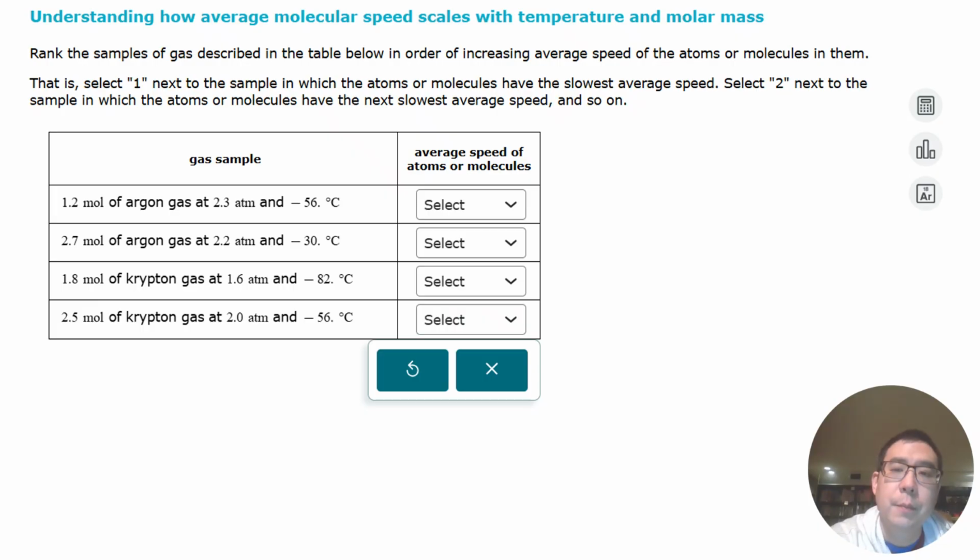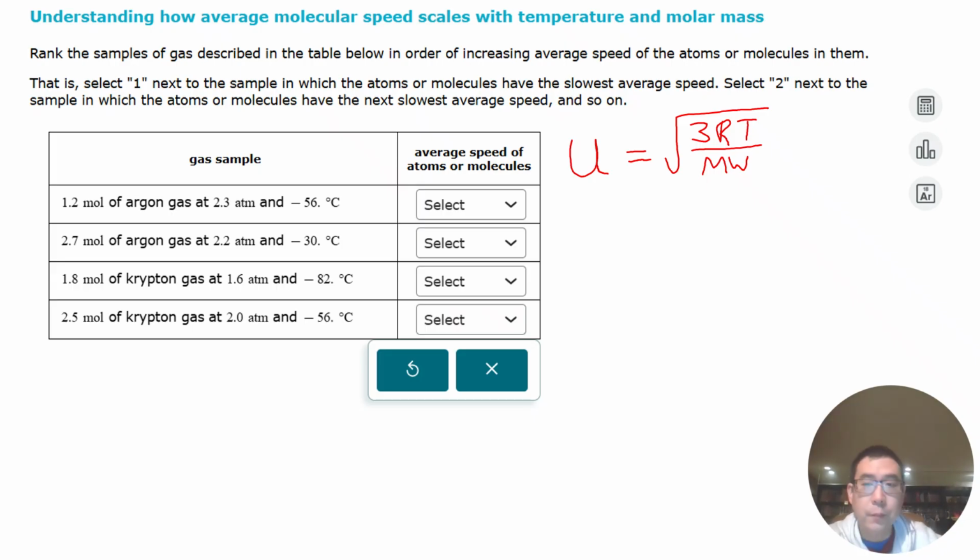The formula is u, the root mean square speed, or the average speed, equals the square root of 3 times R, the gas constant, times T, the temperature in Kelvin, over molecular weight. So what you see here is temperature and molar mass.